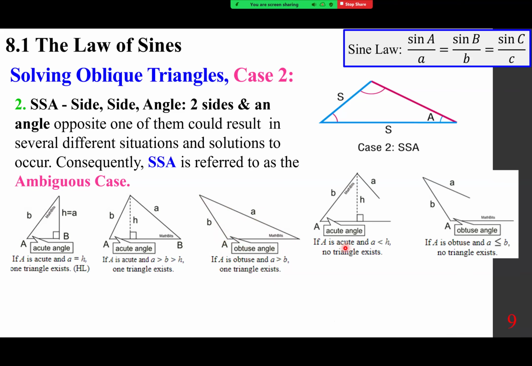If A is acute and A is less than the height H, no triangle exists. If A is obtuse and A is less than or equal to B, no triangle exists.